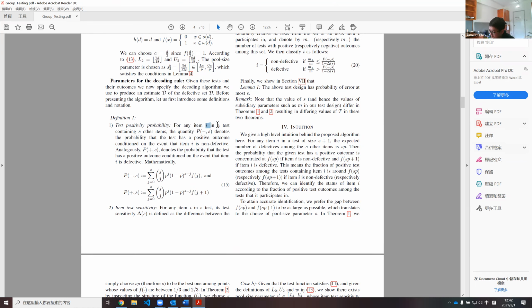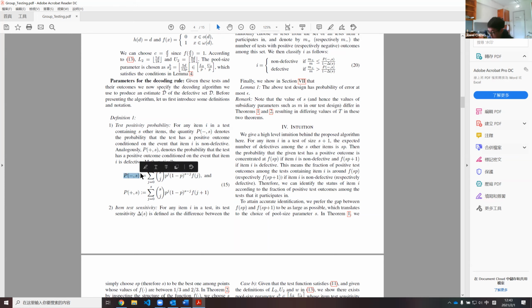So when I is defective, we would expect one more defective in the pool, compared with the case when it is non-defective. Hence, we will identify the items that are involved in more positive-outcome tests as defective, and the others as non-defective.